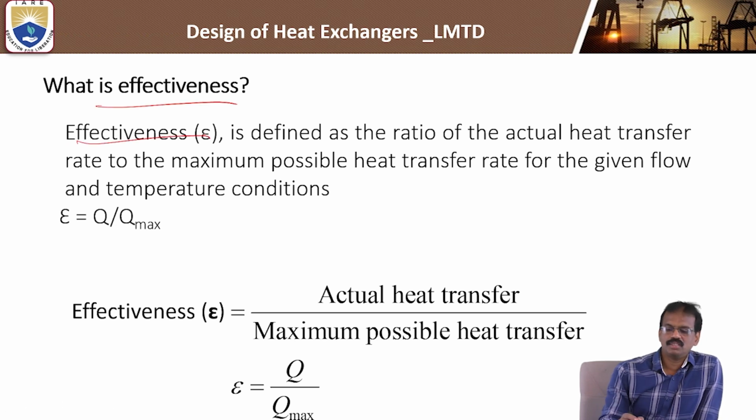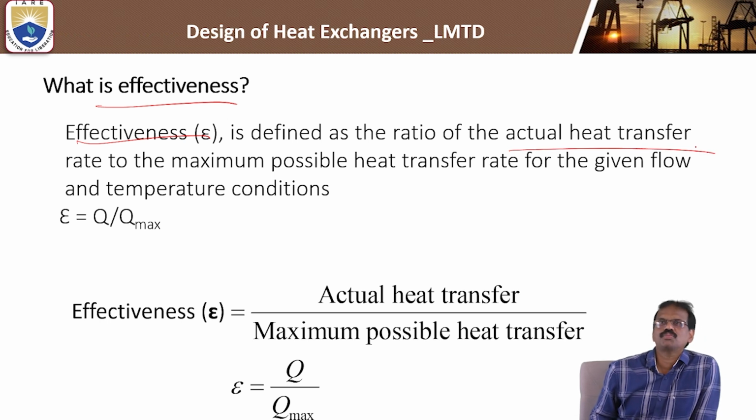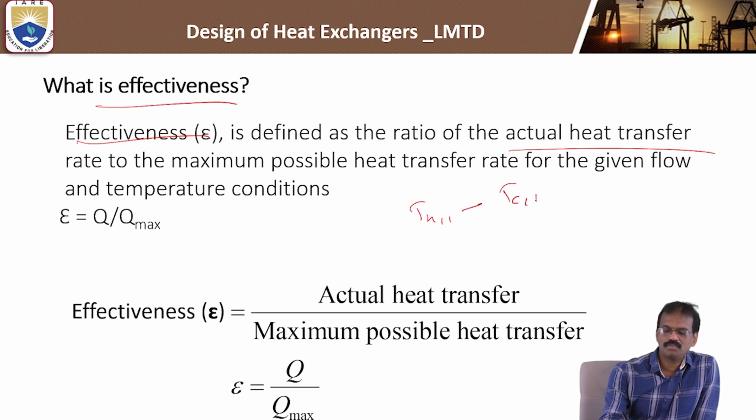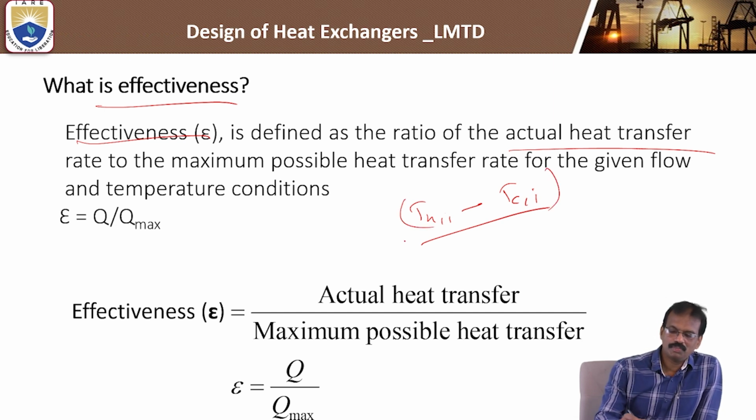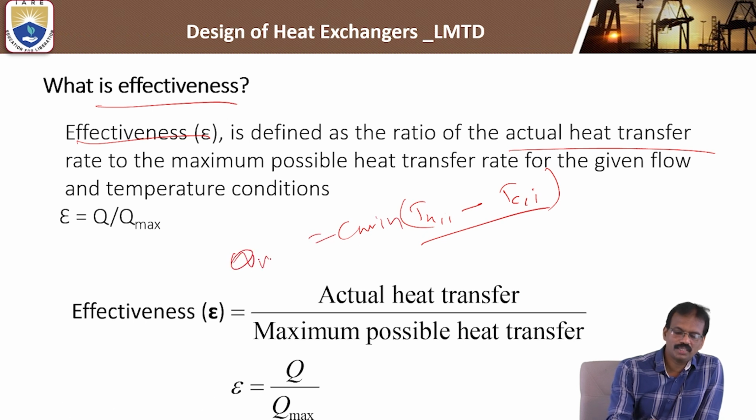Effectiveness is defined as the ratio of the actual heat transfer rate to the maximum possible heat transfer. Maximum possible heat transfer means heat transfer takes place between the highest temperature of the hot fluid and the lowest temperature of the cold fluid. Okay. So this difference is the maximum heat transfer rate. Okay. So with that specific heat as C minimum, that is called Q max.